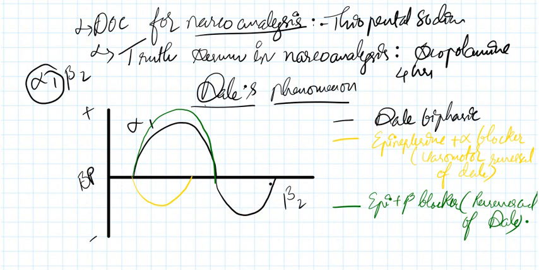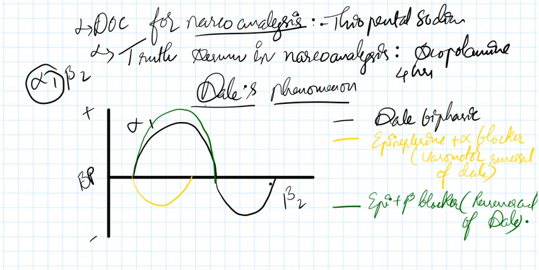Vasomotor reversal of Dale is seen when epinephrine along with alpha blocker is given. The examples of alpha blocker are prazosin, terazosin, doxazosin and tamsulosin. So when epinephrine is given along with alpha blocker, we see vasomotor reversal of Dale, right?